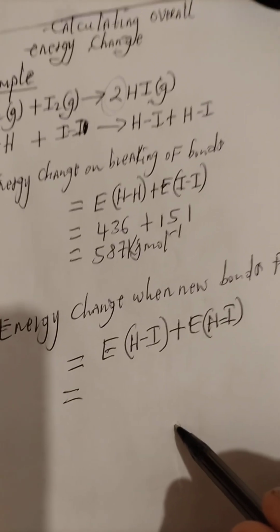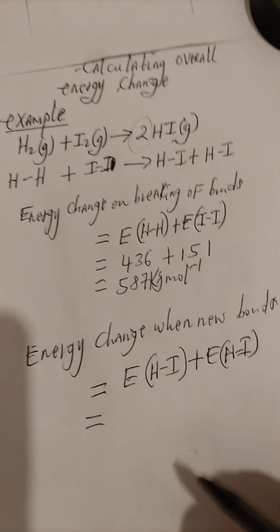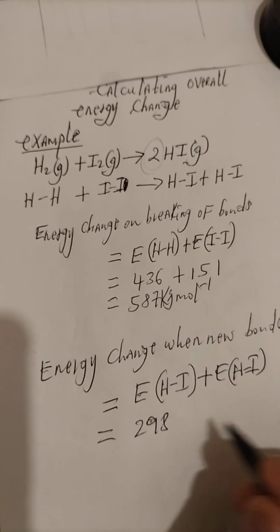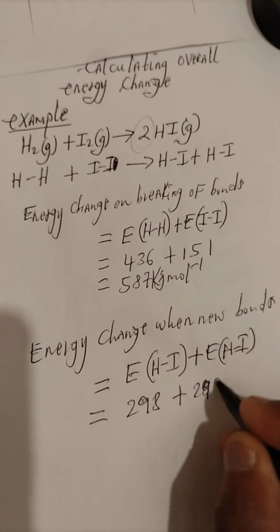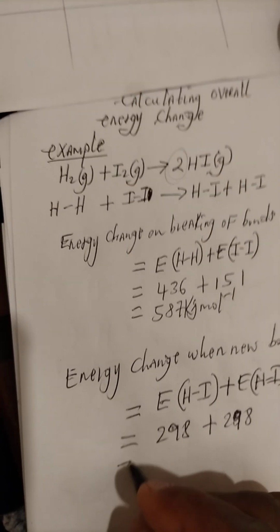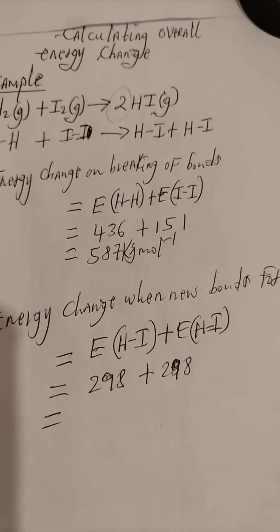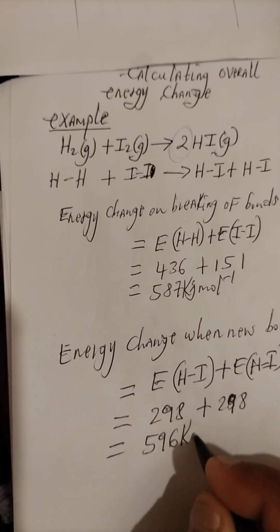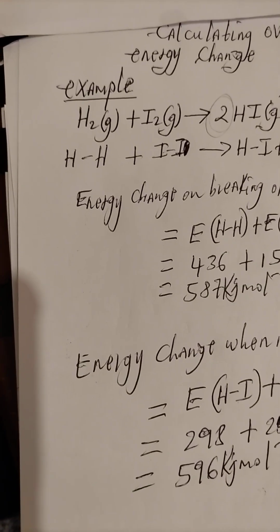I unfortunately do not have it in my table, but I will pick it up from another source. So this is 298 plus 298 kilojoules. When we add those two values, that will give us 596 kilojoule per mole.